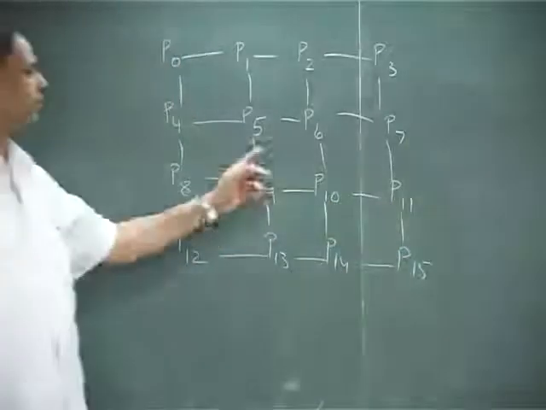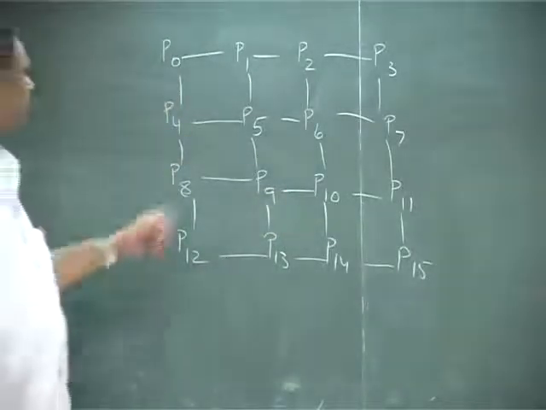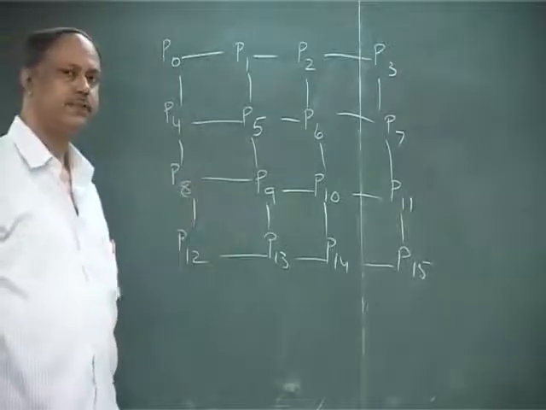P9, you observe, has 4 connections, but in the case of P0 you will have 2 connections, while P8 has 3 connections and so on.